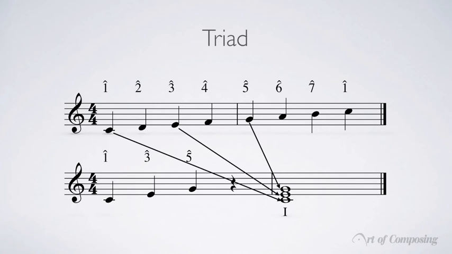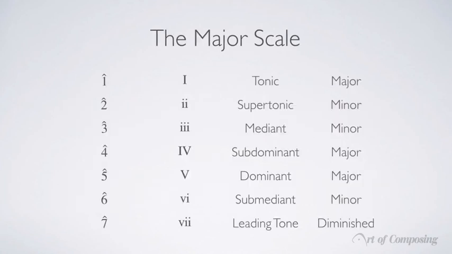And just as there are 7 scale degrees, there are also 7 main triads in a major scale. And each chord has a different sound, either major, minor, or diminished. Tonic is major. Supertonic is minor. Mediant is minor.